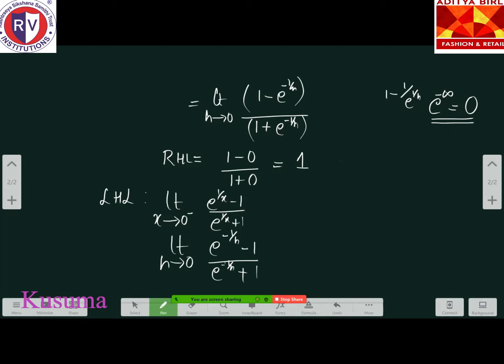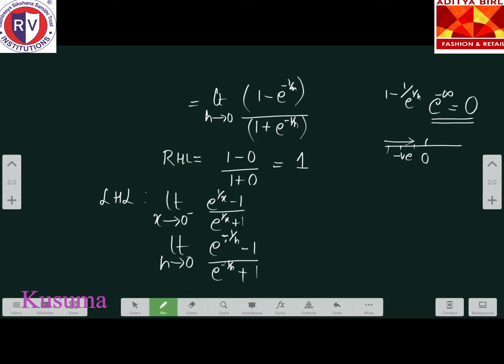Why is there a minus here? Because x is approaching 0 from the left side, and these are the numbers that are less than 0, and they will be negative. Isn't it?